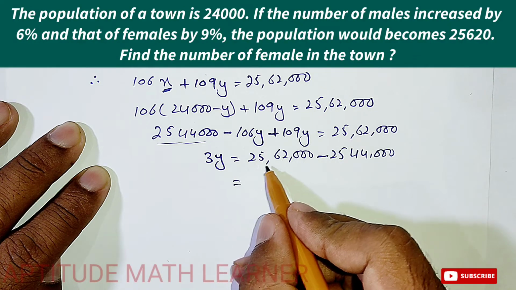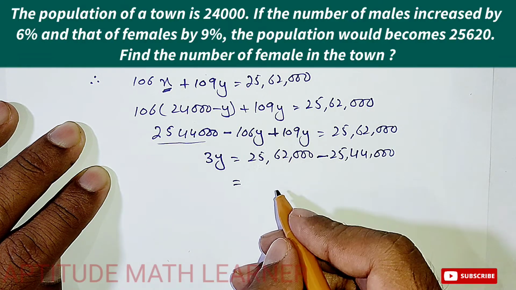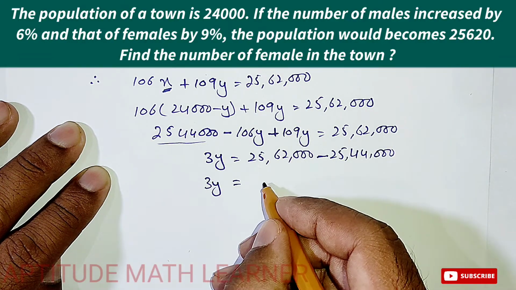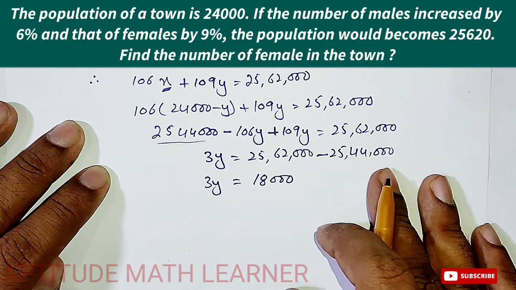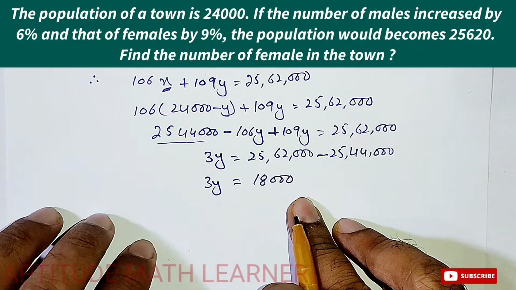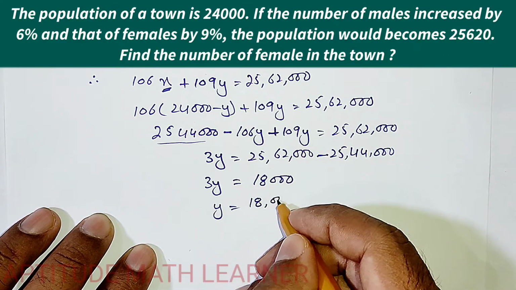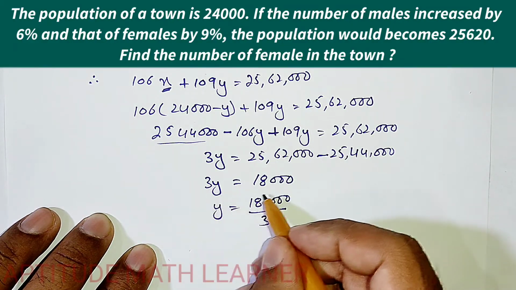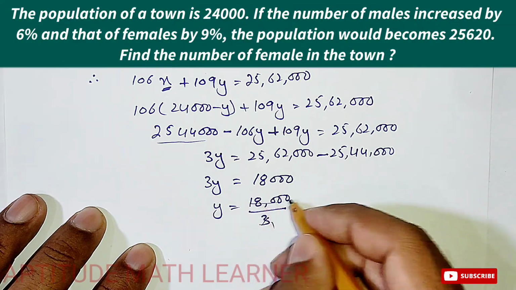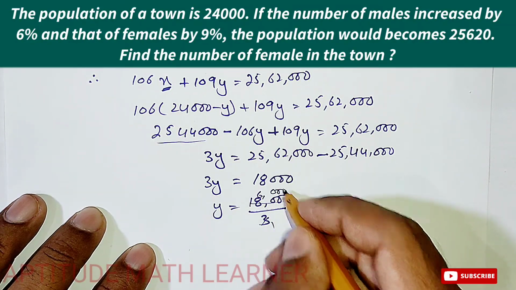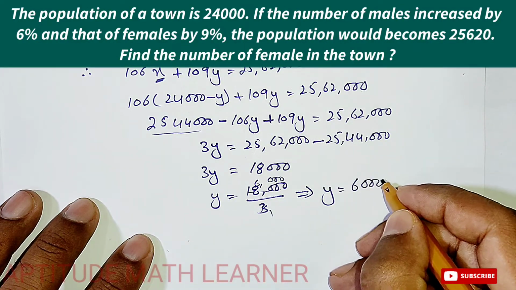So 25 lakh 62,000 minus 25 lakh 44,000 gives 18,000. So 3y is 18,000. Further solving, y is equal to 18,000 divided by 3, which gives y is equal to 6,000.